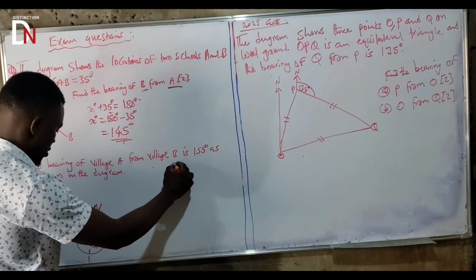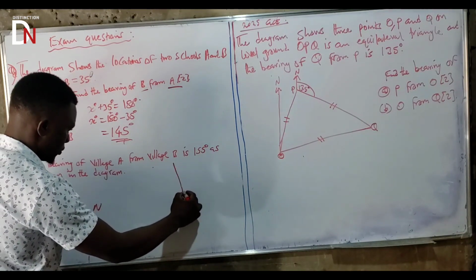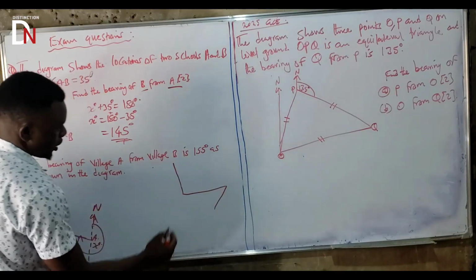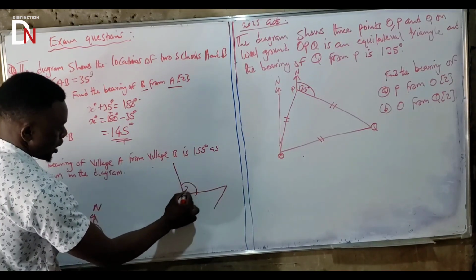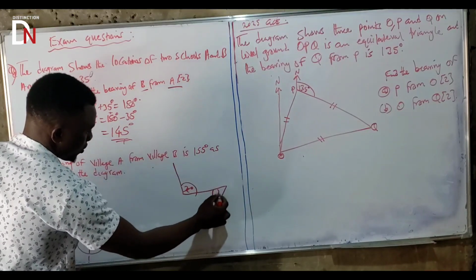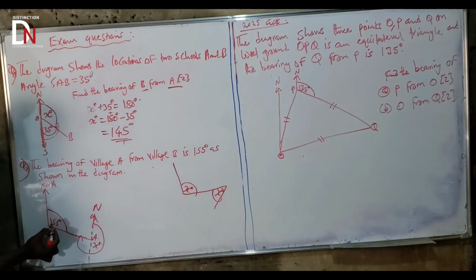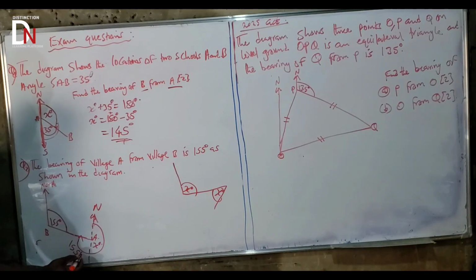It's like this angle and that angle, they are the same. Meaning, if this is 155, this is also 155 degrees. So from here up to this point, this is 155.